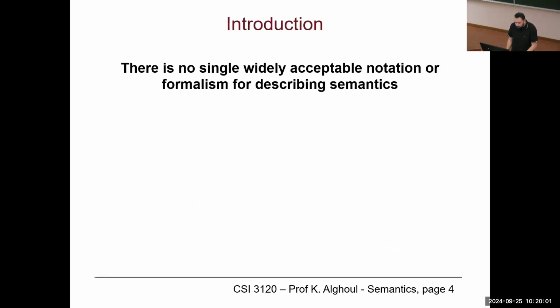Now we know it's not as easy as syntax when it comes to defining semantics, and we agree that there is no single widely acceptable notation or formalism for describing semantics. Why is this?